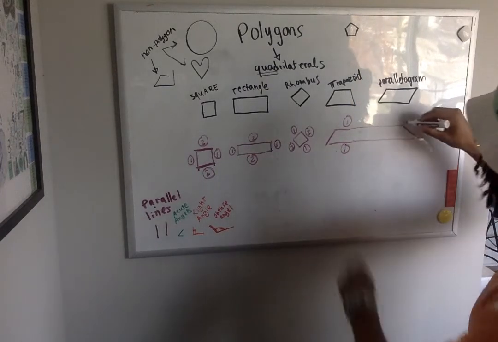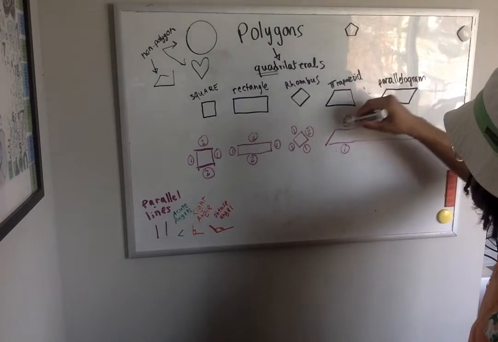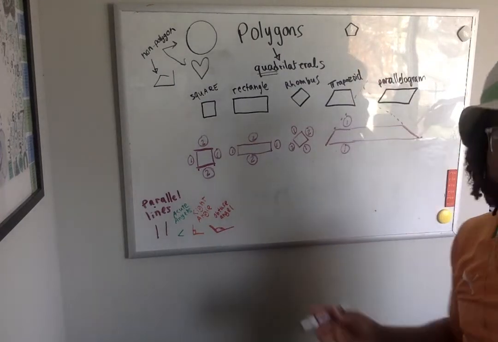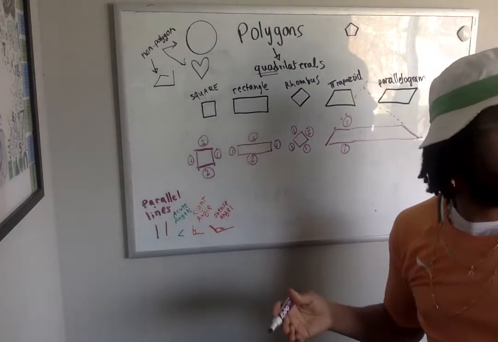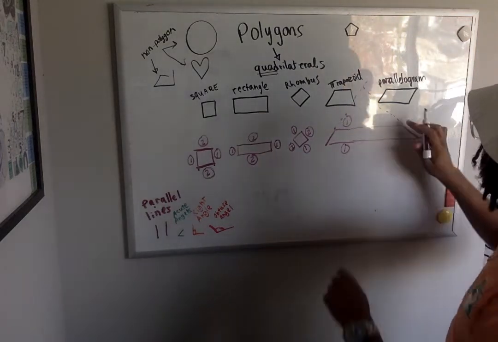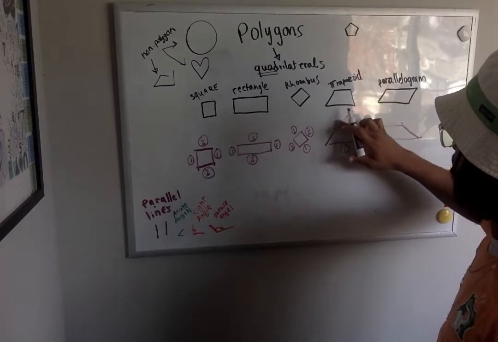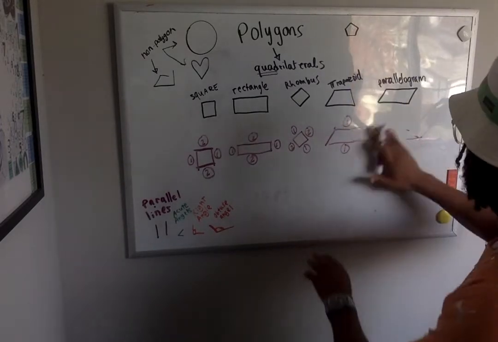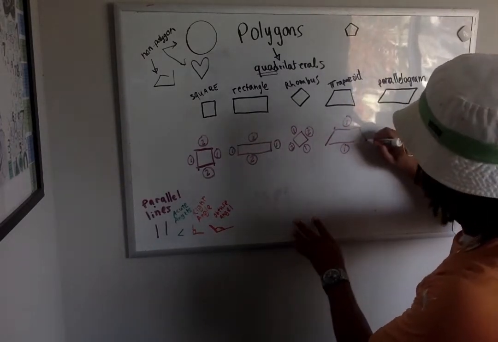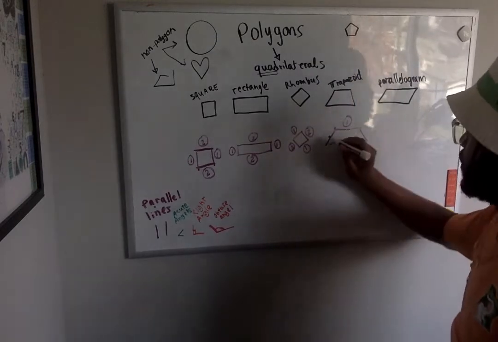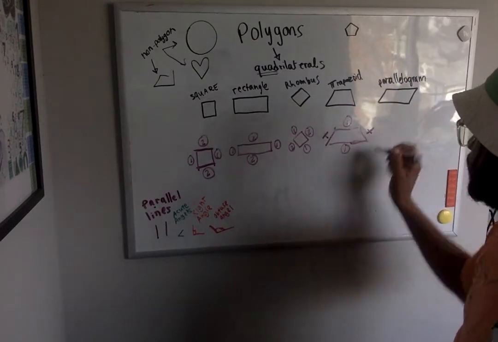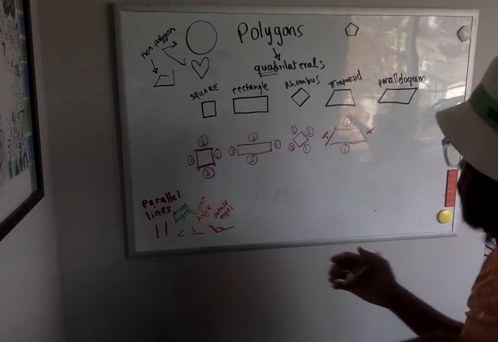Those are not parallel because eventually, if they keep on going, they're going to cross each other and make a triangle. All right, so a trapezoid is the only quadrilateral that has one pair of parallel lines. So that's what makes it a little bit different than all the other quadrilaterals. These are not parallel lines, not parallel. So it only has one pair.